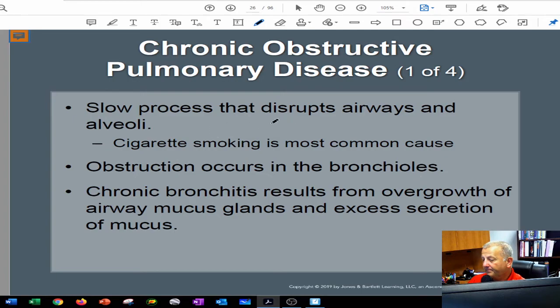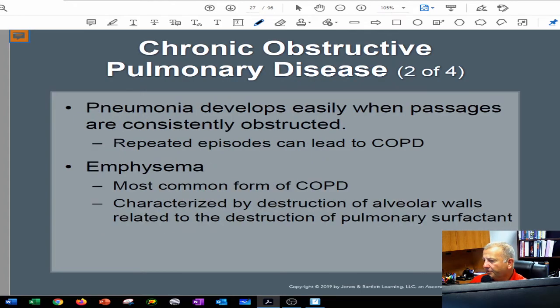COPD. This is a slow process, and it does disrupt the airways. Most commonly seen, definitely in cigarette smokers, people who've had injuries to their alveoli. Your chronic bronchitis patients. Pneumonia is almost the same as your emphysemas, except they're not usually in so much distress.